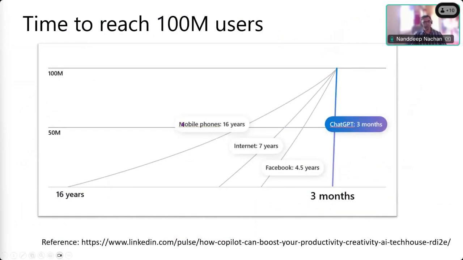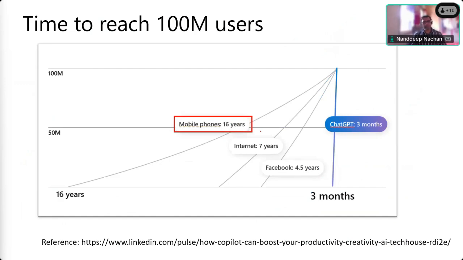My journey with mobile phones started with the Nokia series, the very basic one, Nokia 1100 or that series. For mobile phones to reach almost 100 million users so that they could use them effectively, it took almost 16 years. It is a very long journey.